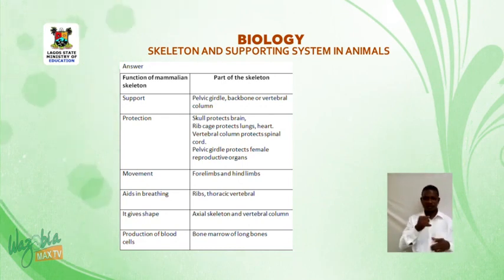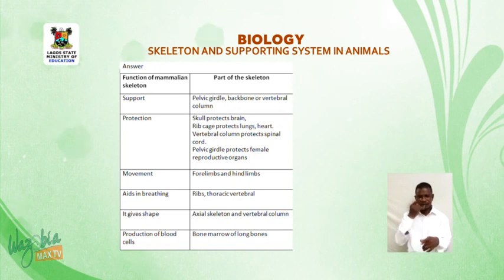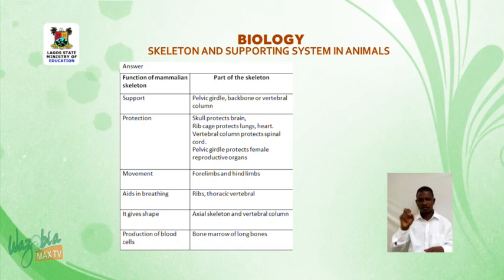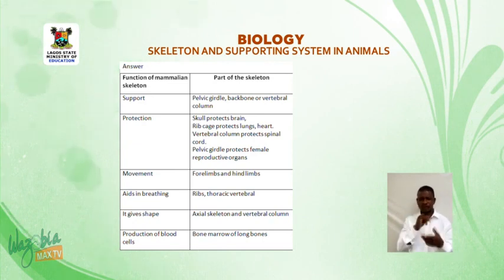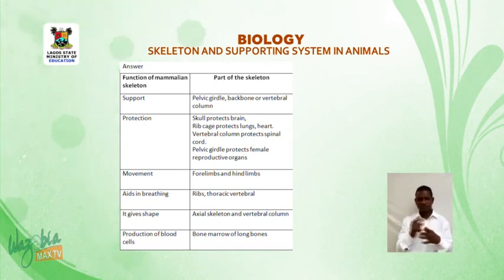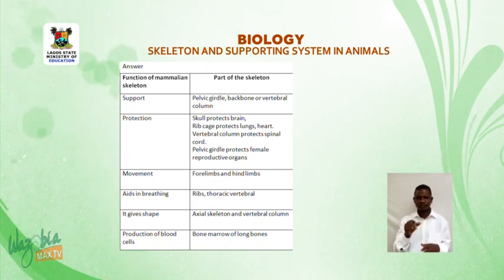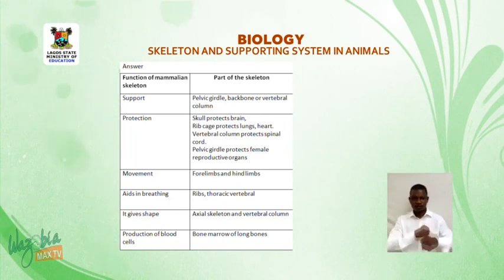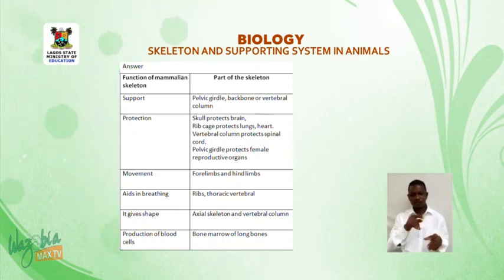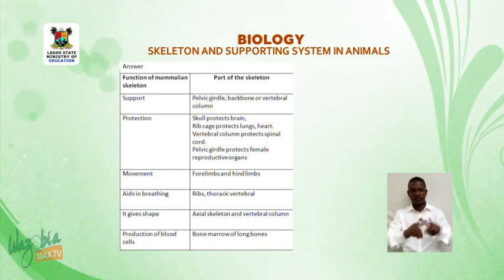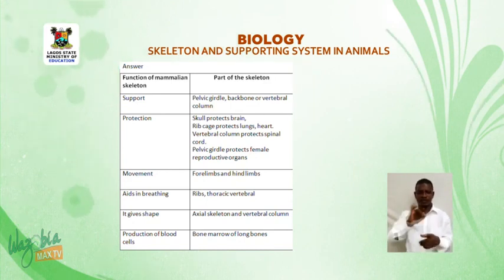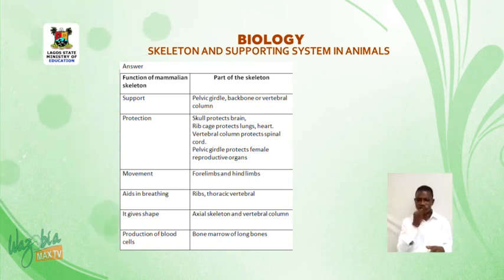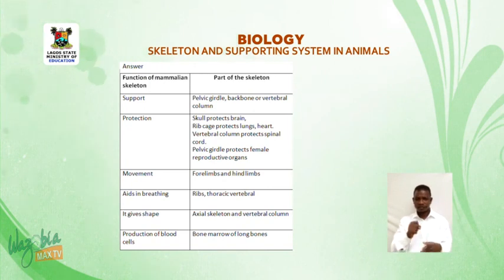Support, part of skeleton: pelvic girdle, backbone, vertebral column. Protection, part of skeleton: skull protects the brain, rib cage protects lungs and heart, vertebral column protects the spinal cord, pelvic girdle protects female reproductive organs.